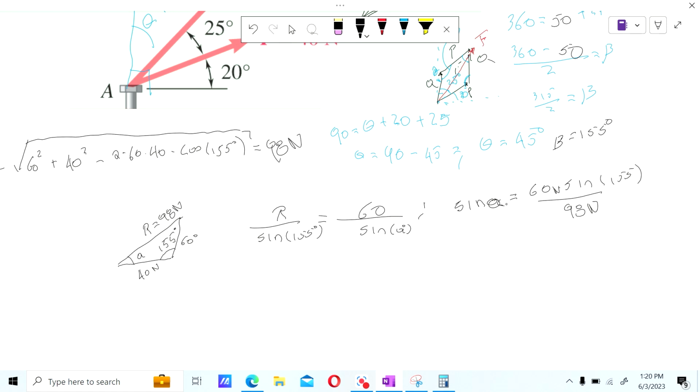And this is sine A. So A is equal to sine inverse of 90 divided by 68.